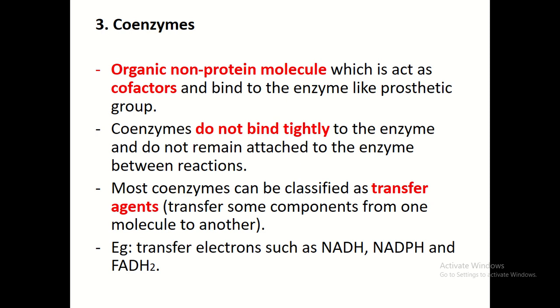Meanwhile, coenzymes do not bind tightly with the enzyme, and they do not remain attached to the enzyme compared with prosthetic groups. Most coenzymes are classified as transfer agents because they can help to transfer some component from one molecule to another.